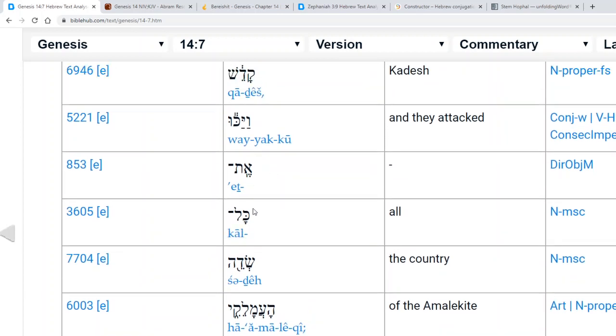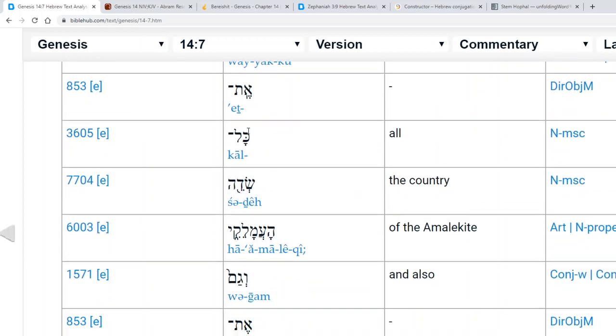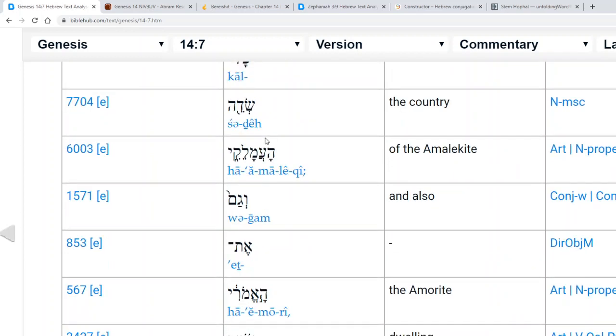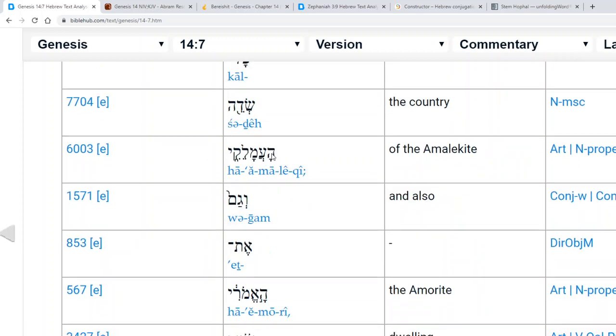Et kol, so the direct object marker. Et kol, kol meaning all. Ste, right? So as sadeh, I think we've had that before, is a field, but ste ha'amaleki is the fields. The fields of the Amalekites, or they're translating country of the Amalekites. Okay.